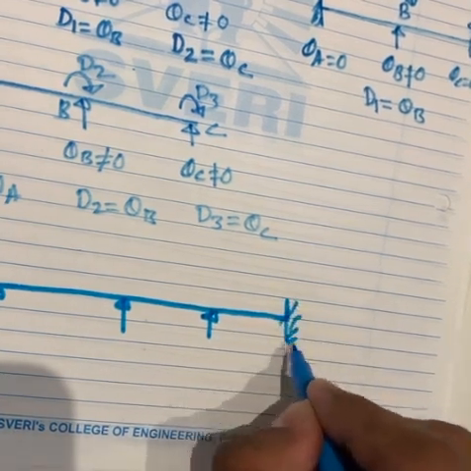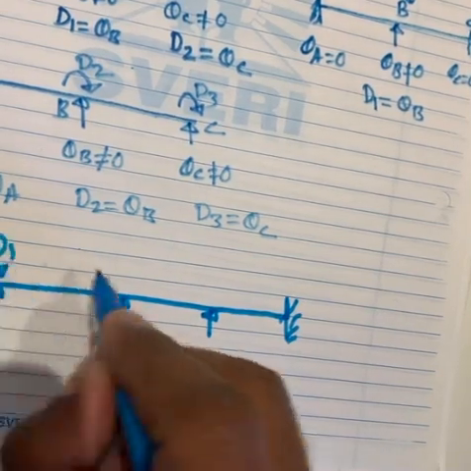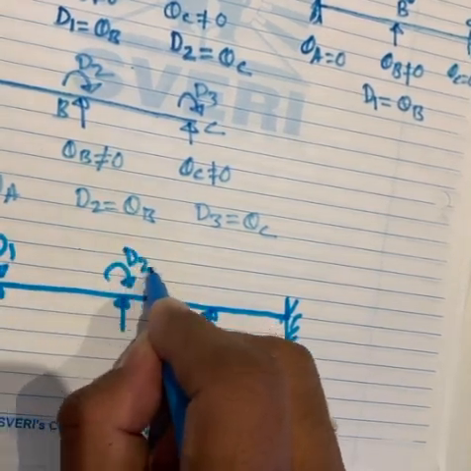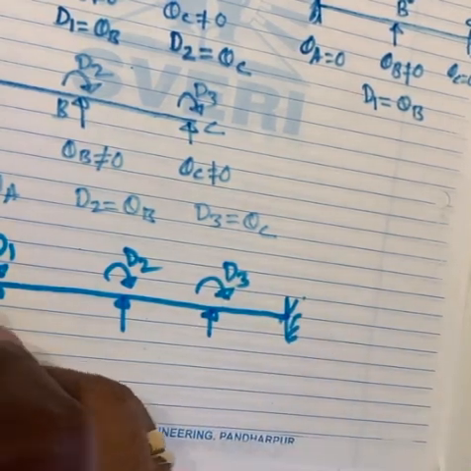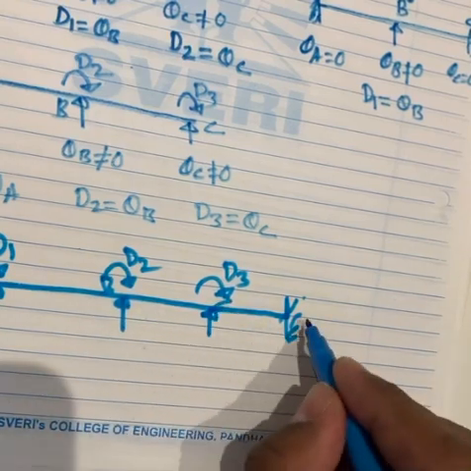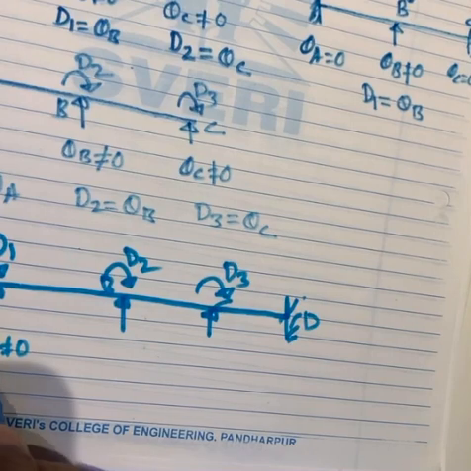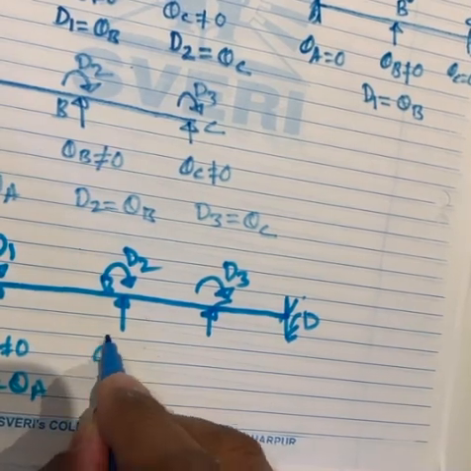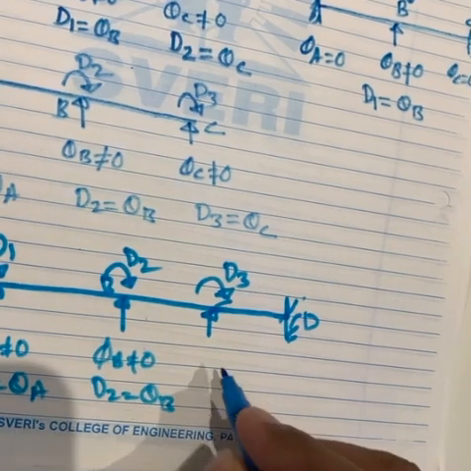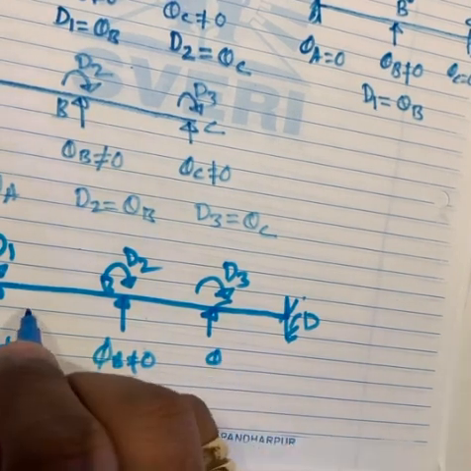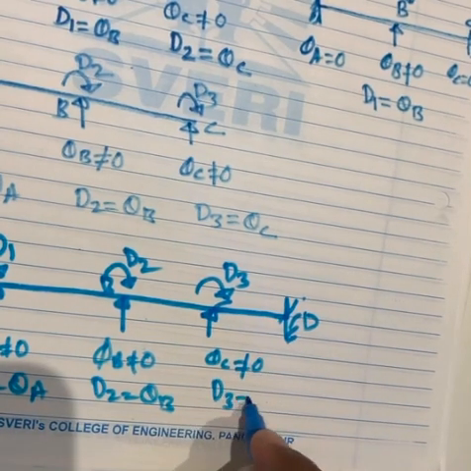There may be this possibility also: you can call this D1, this may be D2, and this may be D3, and here there is a 0. Let me label A, B, C and D. In that case, theta A is not equal to 0, so D1 is equal to theta A; theta B is not equal to 0, so D2 is equal to theta B; and theta C is not equal to 0, so D3 is equal to theta C.